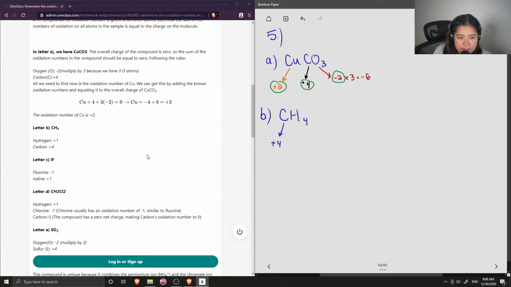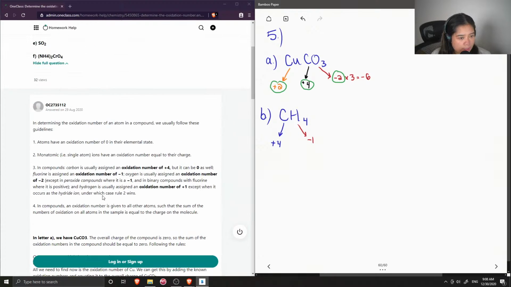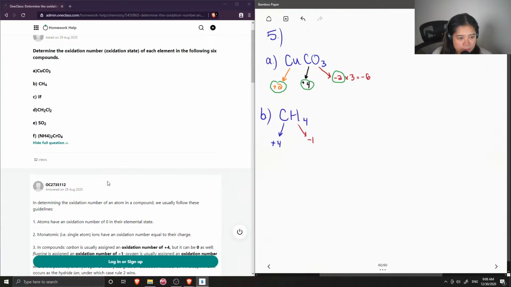But in the case of the hydrogens, hydrogen usually has an oxidation number of +1, like what they mentioned in the rules. But in order to neutralize the +4 from carbon's oxidation number, it makes sense if the hydrogen has an oxidation number of -1. And since there are 4 hydrogen atoms, this balances out the carbon.